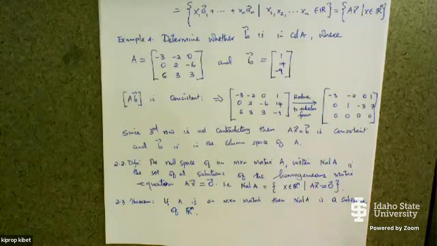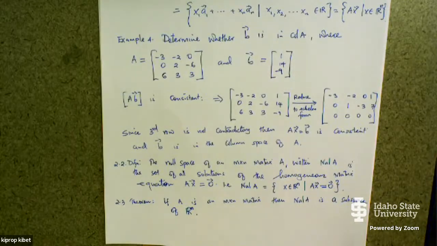So you need to remember this. The column space is a subspace of R^m, and the null space is a subspace of R^n.